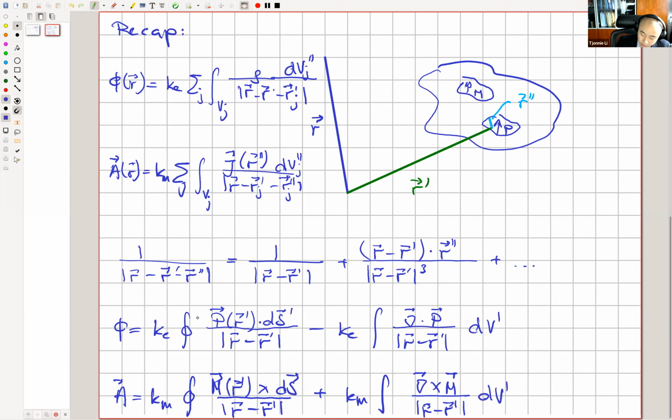So what we see effectively is that we have some effective surface charge density and some effective volume charge density here and here. And similarly, for the current, we have some surface current density, and we have some volume or just regular current density here.